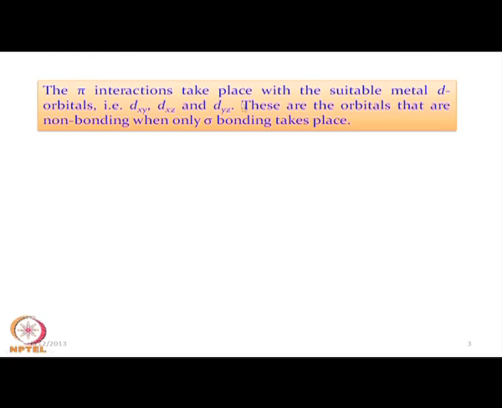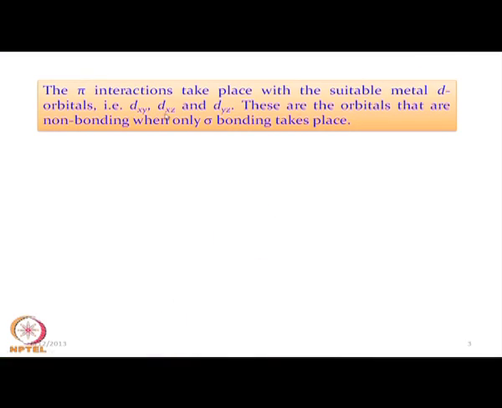In our previous consideration of sigma bonding interactions, we have seen that we do not have any matching orbitals for the dxy, dxz and dyz orbitals, and they remain as non-bonding orbitals from the metal side during the sigma bonding interactions.